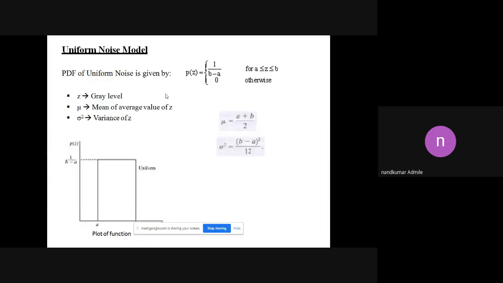Yes, analysis also we can study the response, uniform response. Why is it called a uniform noise model?